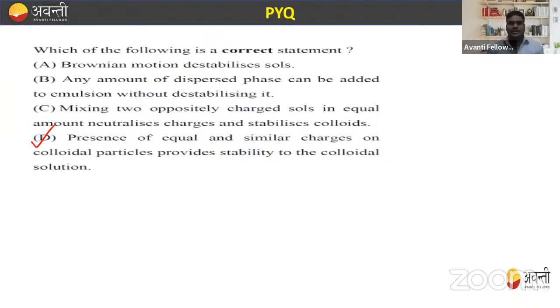So I hope we have covered all the important PYQs of surface chemistry and metallurgy, right? I explained and gave every type of revision for such types of questions that are generally asked in your examination.